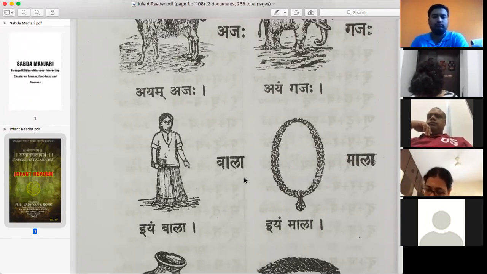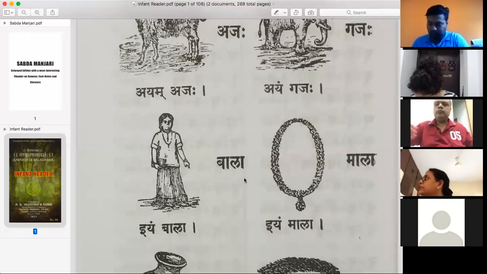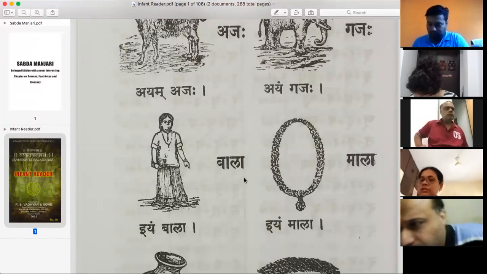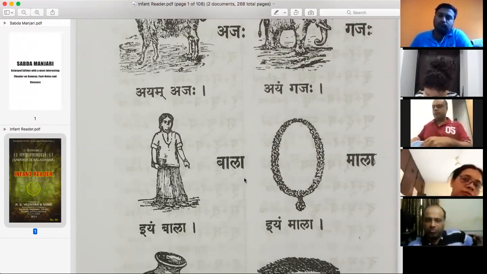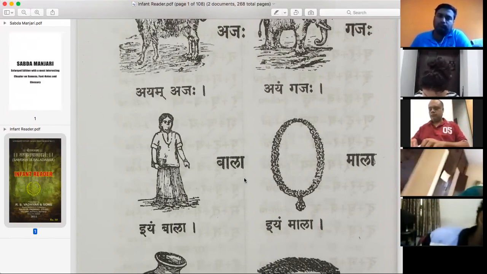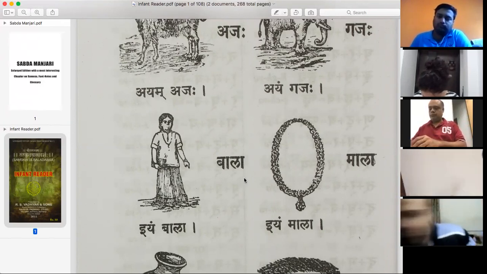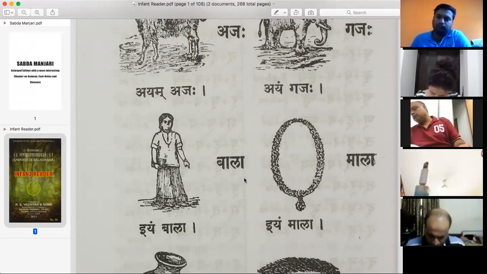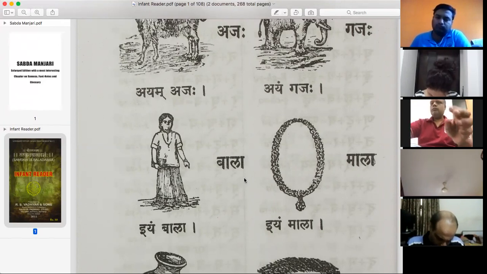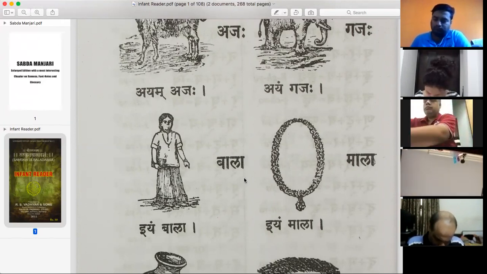Whenever words end in long A or long E, not short, Hari can be masculine, but Nadi can only be feminine. Any word ending in long E or long A can only be feminine. So Bala is also a feminine word.